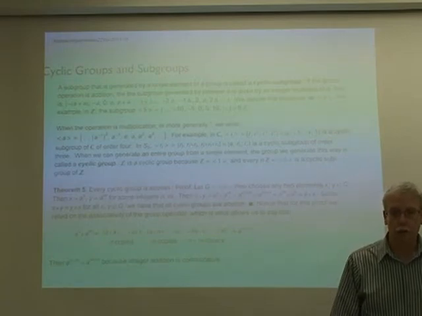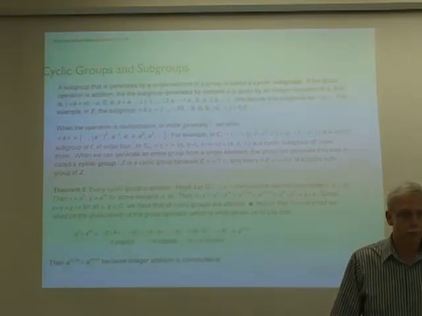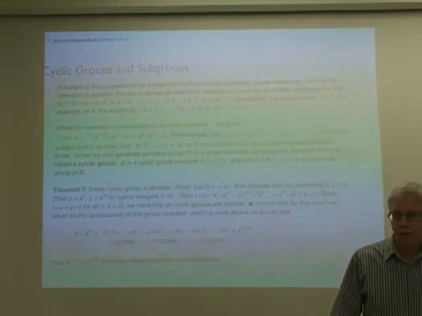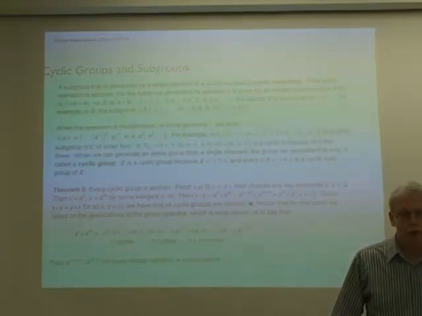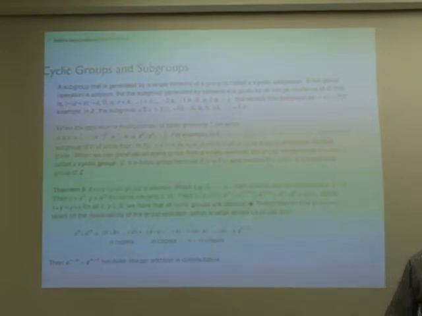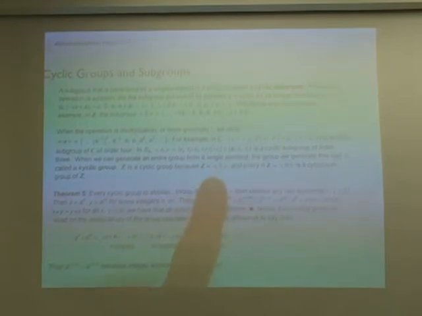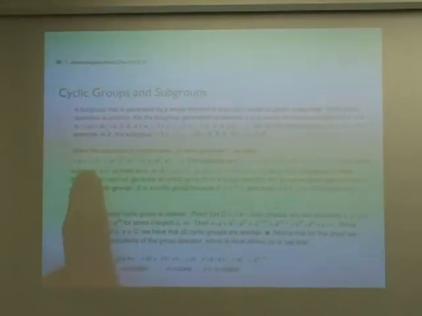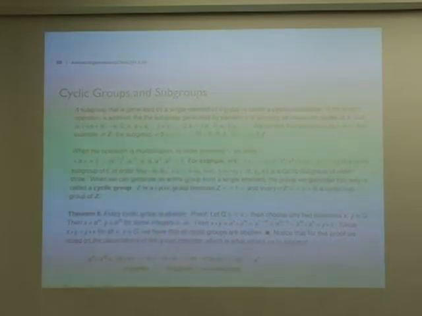Finite non-cyclic group. We just left that already, right? D4, right? Of course. Why? Because it takes two elements to generate D4. We just said so. So it's not cyclic. Integers are a cyclic group because they're generated by 1. How do I generate in a cyclic group? I use all powers, including the negative powers.